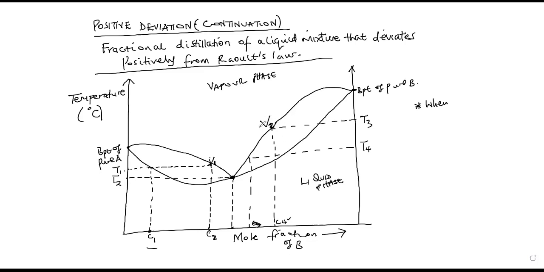Progressive heating and condensation will result in obtaining the azeotropic mixture. In all cases, we produce an azeotropic mixture as a distillate, while now B would be obtained as a residue.